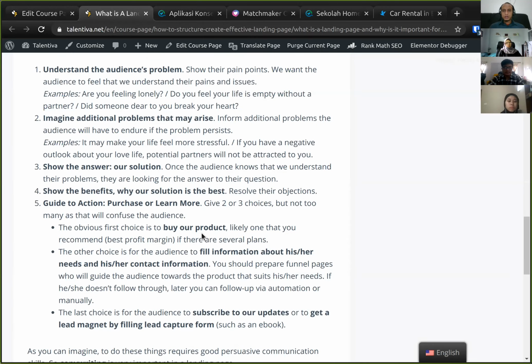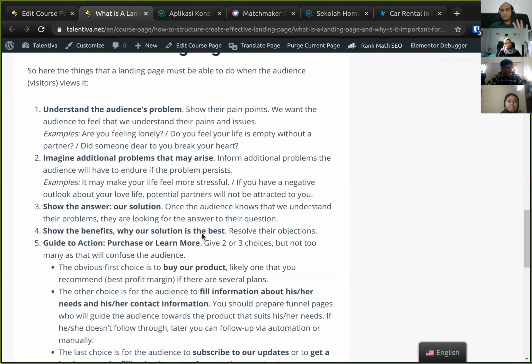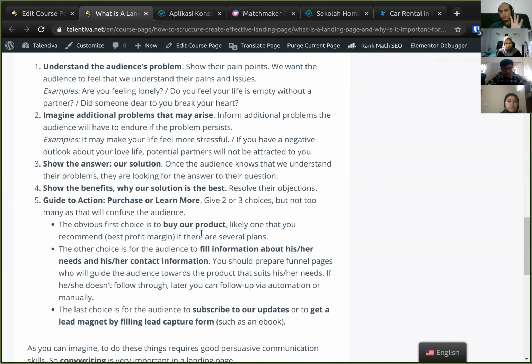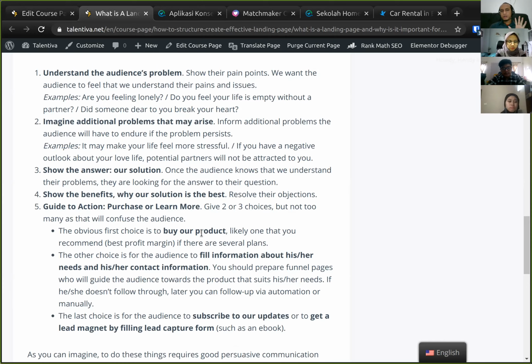So the takeaway point is that a landing page must have all of these 5 things to do for the audience: understand the audience's problem, and then give any additional problem, and then show the answer to that problem, and not only showing the answer but also the benefits, list all the benefits.